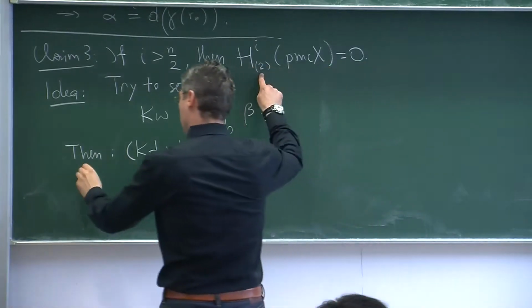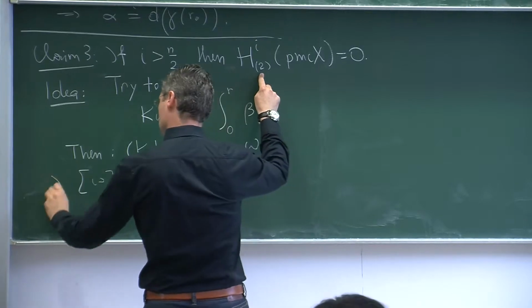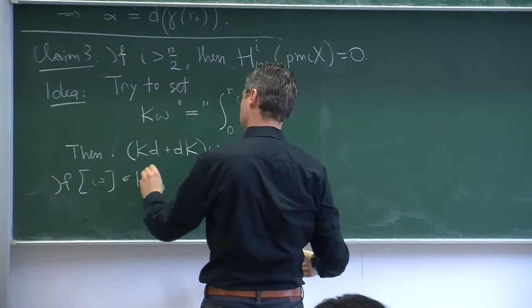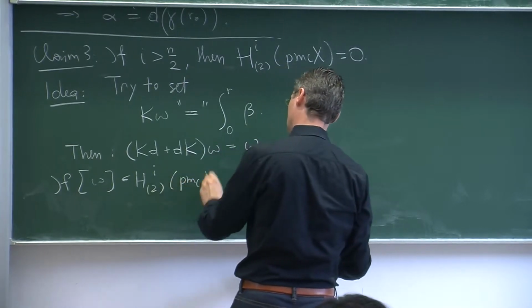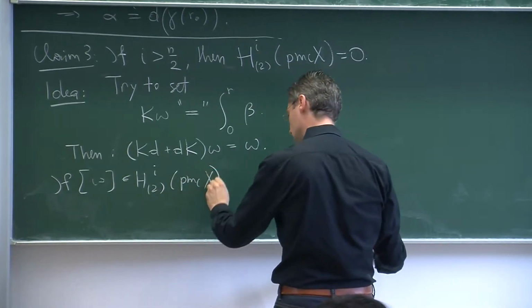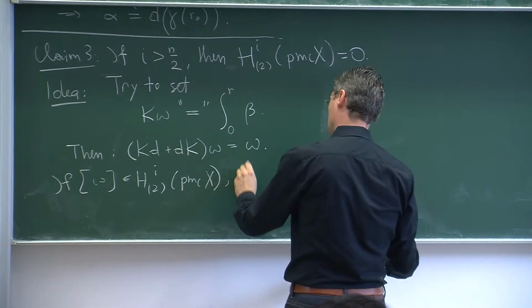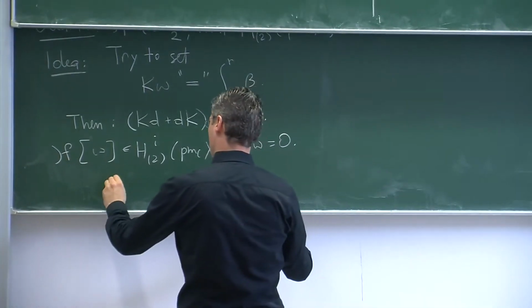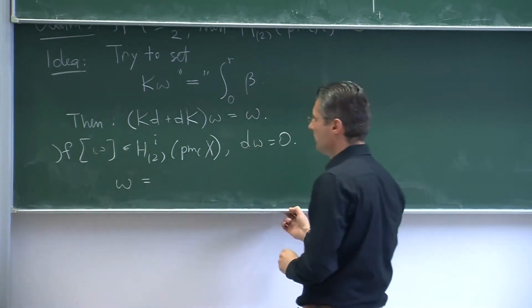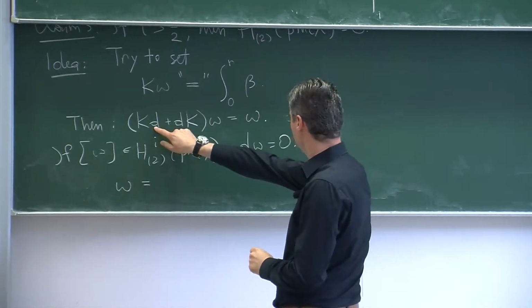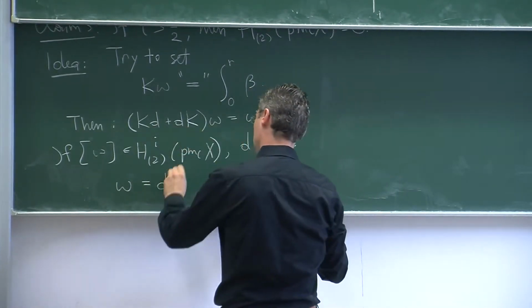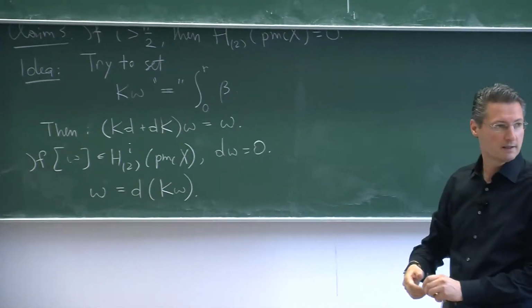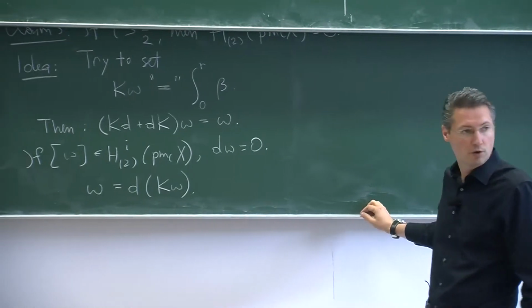And so now if you have a cohomology class here, so that this is a closed form, then omega is equal to, since you lose that term, what's left is this, and so omega would be exact, and therefore 0 in cohomology.